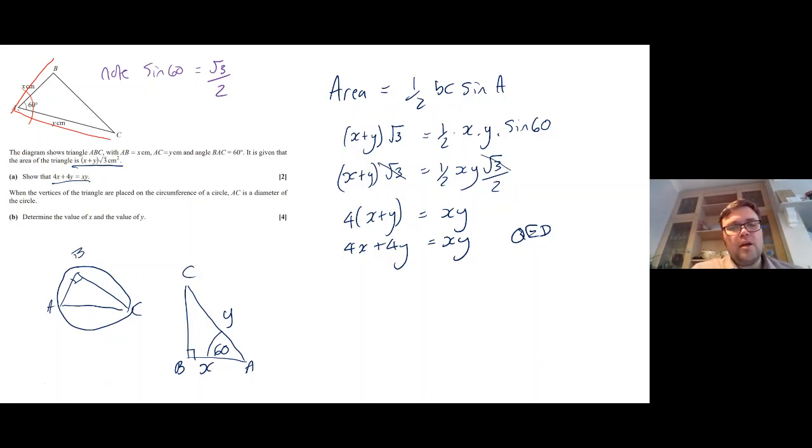Again, if this is a right-angled triangle, I can use SOHCAHTOA. I've got the adjacent at X, and I've got the hypotenuse. So we can use cos 60 equals the adjacent over the hypotenuse, which is X over Y. And again, if you look on your calculator, you can see that cos 60 is another one of those.